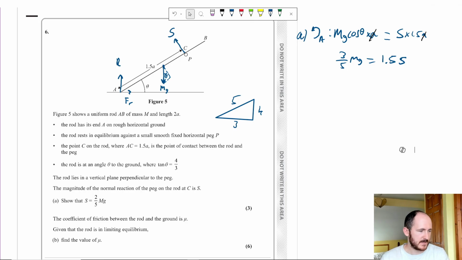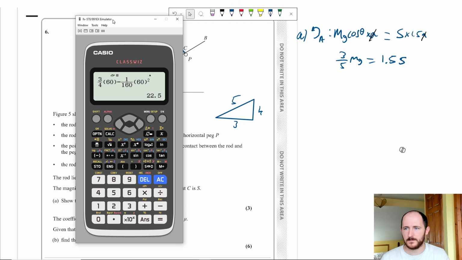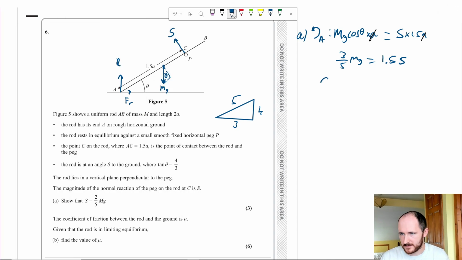Well, let's actually have a look. There you go. So we get S equals, no, 2/5 mg. Cool. For 3 marks, not too bad.